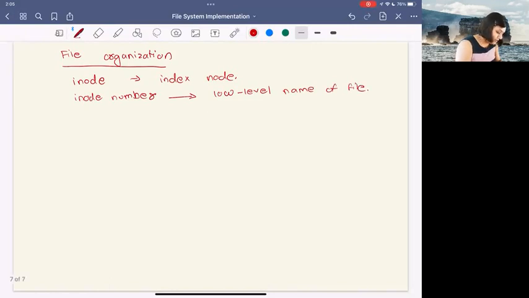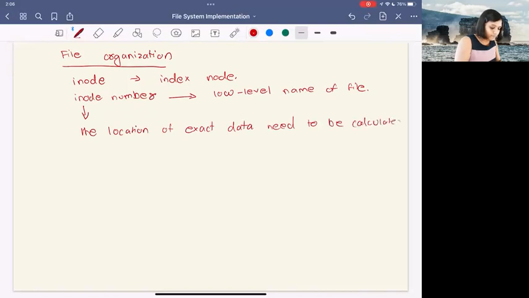And from this inode number, the location of the exact data needs to be calculated. Because once we know this inode number, then we should know where the file to which this inode number refers is stored in the data block region.